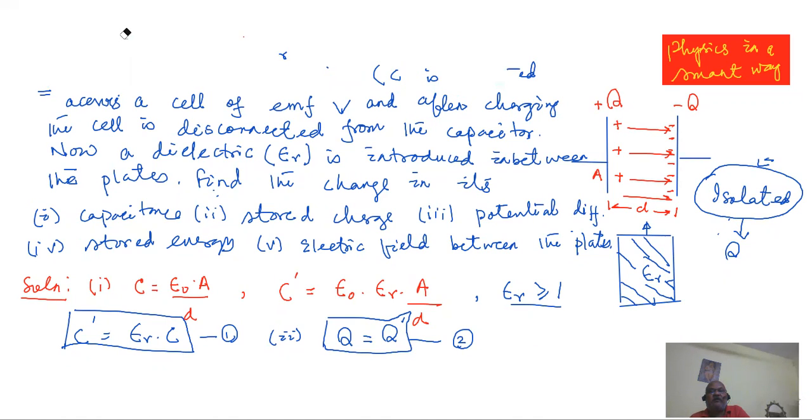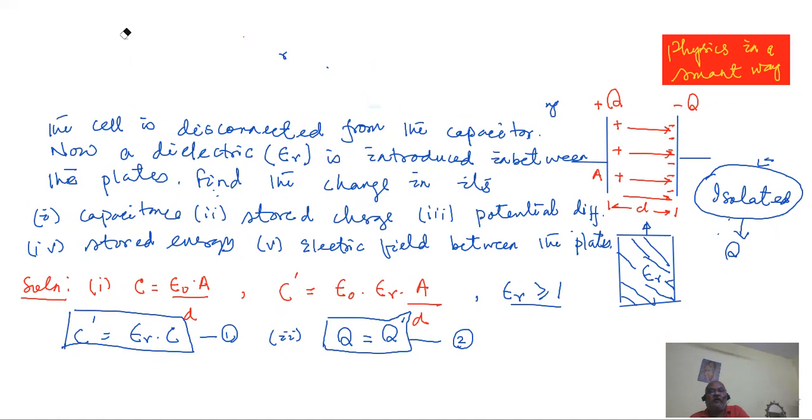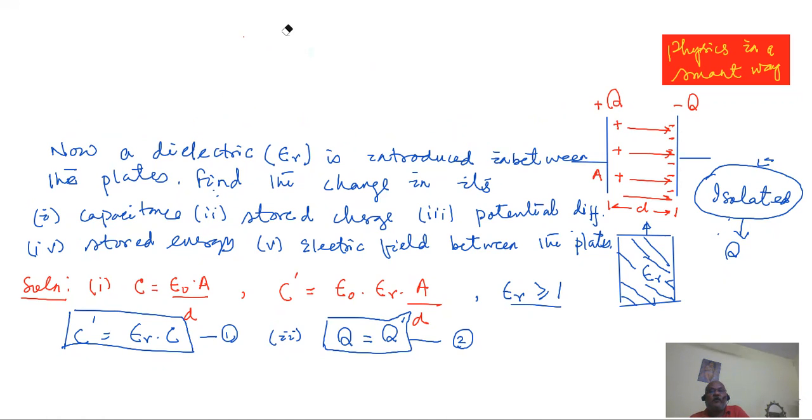The third thing you have to answer here is about the potential difference between the plates. So far as the potential difference between the plates is asked, we can use the formula, potential difference V equal to Q by C. That's a standard formula which relates the charge, capacitance, and potential difference.